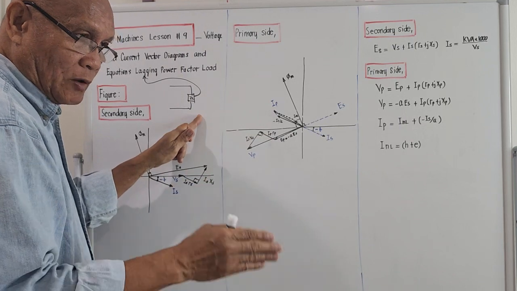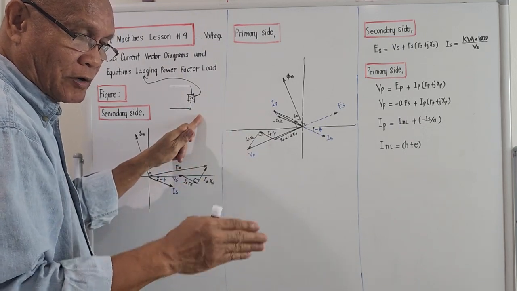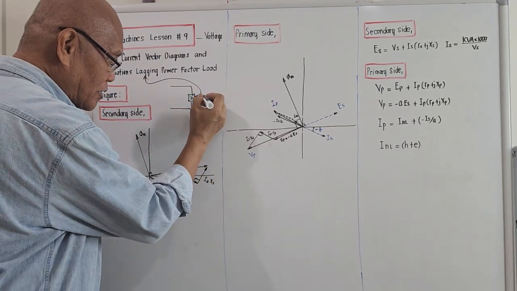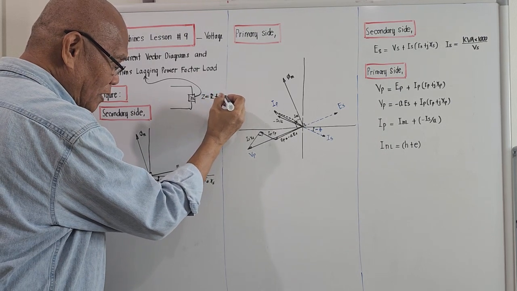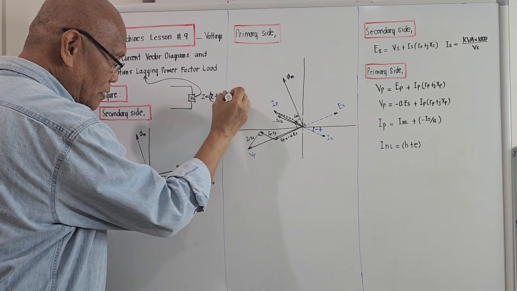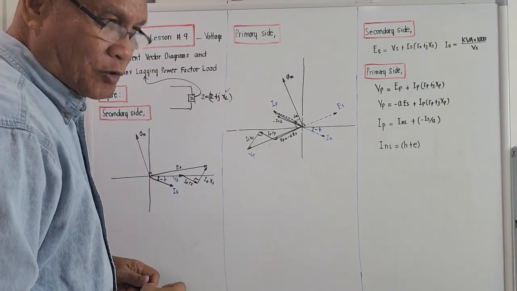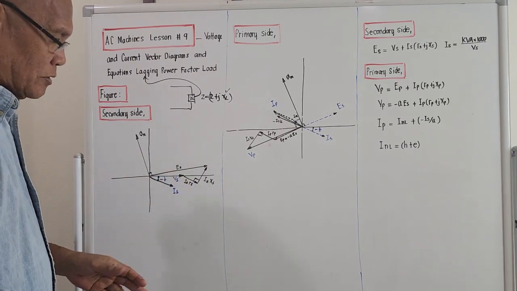For tonight, we will try to bring out the vector diagrams and voltage and current relations if the power factor is lagging, meaning Z here will be R plus jX. It's an inductive load, so it could be motor loads. Inductive loads are motor loads.